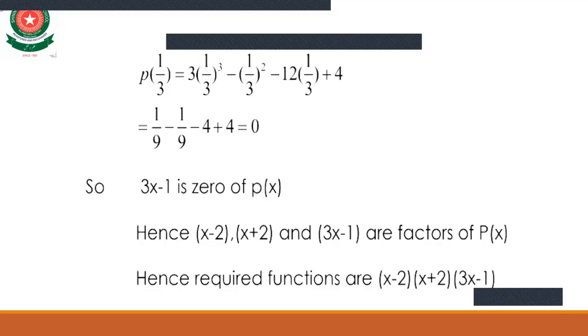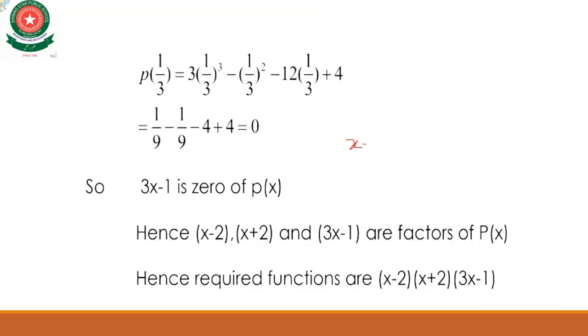So x equal to 1 by 3, multiplying both sides by 3, gives 3x equal to 1. And by shifting, 1 is positive on the right side, shifting to the left side, this is equal to 3x minus 1 equal to 0.